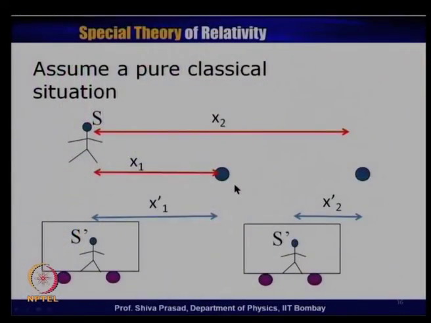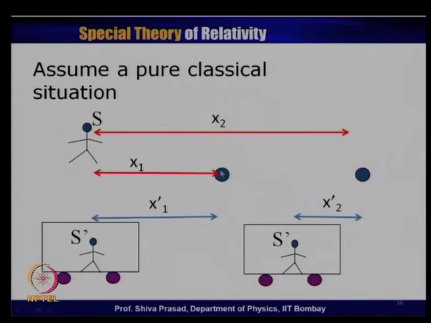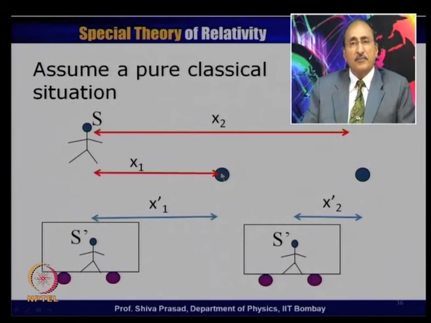This figure looks somewhat complicated, but let us try to understand it. Let us suppose this is an event which occurs here. This is a frame S in which he or she sees that this event occurs at a distance of x1. Let us assume that it is a lightning striking here at a given time, at a distance of x1.